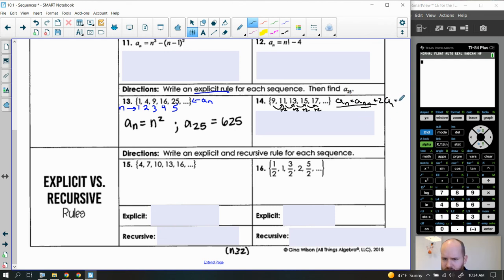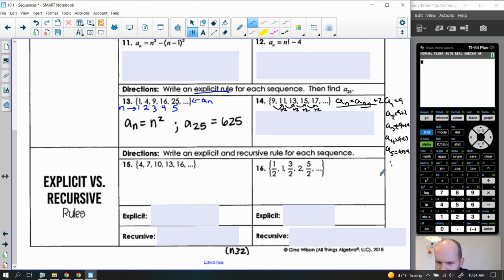The first term is 9, then the second term is 9 plus 2, and then the next term is 9 plus 2 twice. The next term is 9 plus 2 3 times. The fifth term is 9 plus 2 4 times.